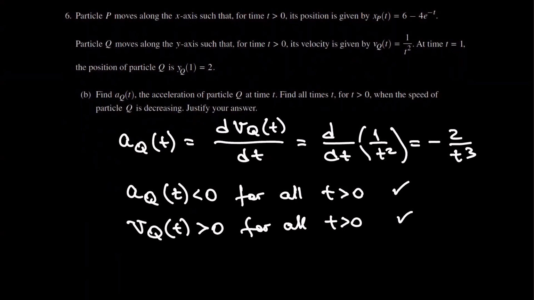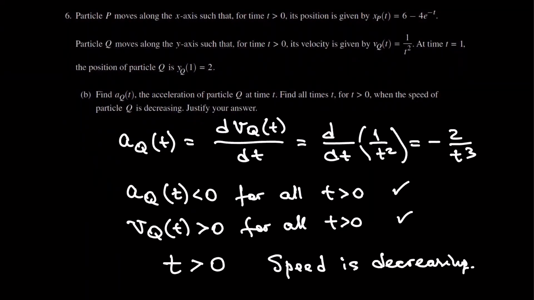Because velocity and acceleration have different signs, it means that for all t greater than 0, the speed is decreasing. If they were of the same sign, then the speed would be increasing. But here the signs are different for all t. That's why it's decreasing. Let's move on to question C.